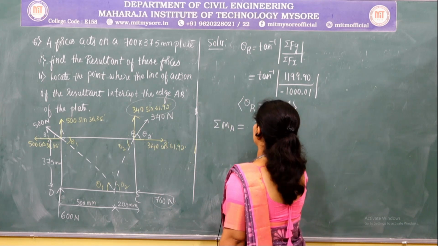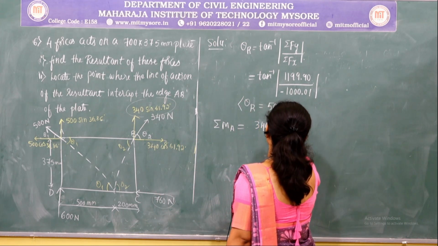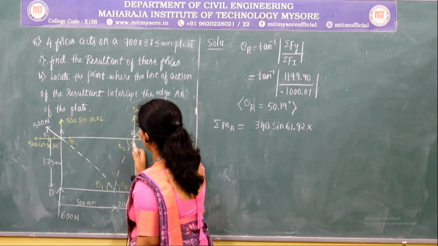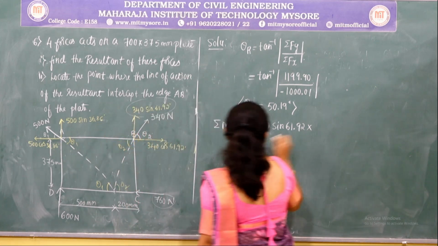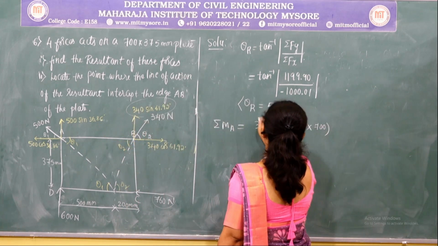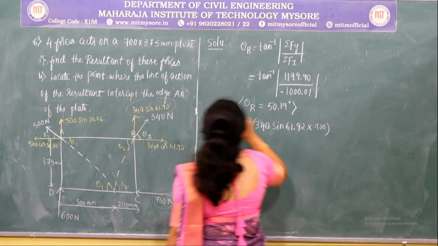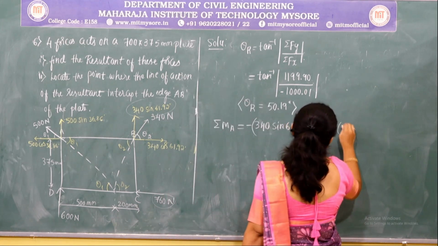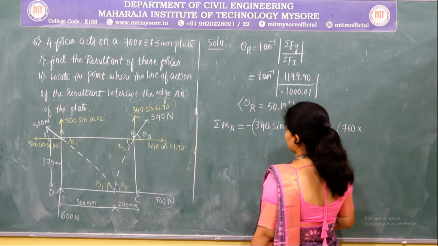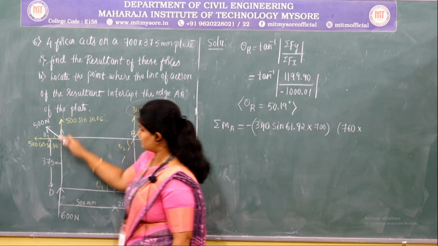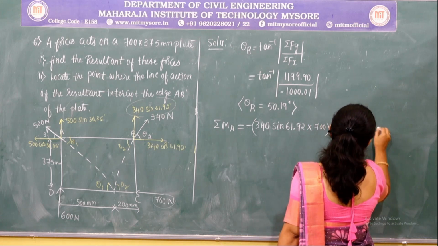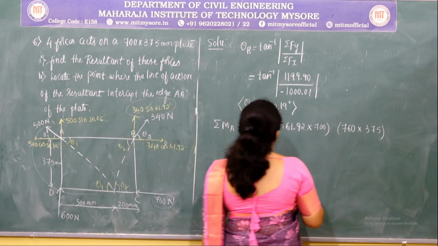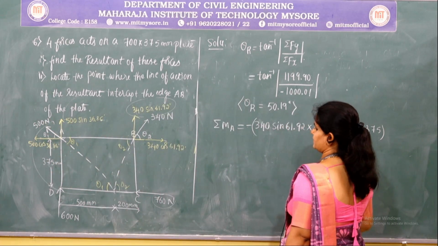So 340 sin 61.92 multiplied by the perpendicular distance between the line of action of the force and the point, which is 700 mm, and this is going to produce an anti-clockwise moment about point A. And at C there is a 760 Newton force multiplied by the perpendicular distance between the line of action of the force and the point, which is 375 mm, and this force is going to produce a clockwise moment about A, that is positive.